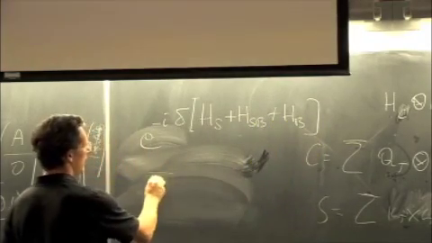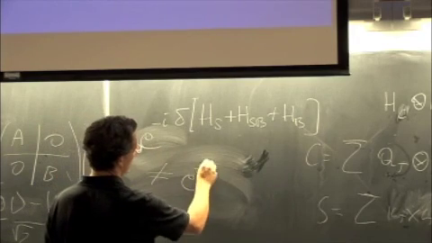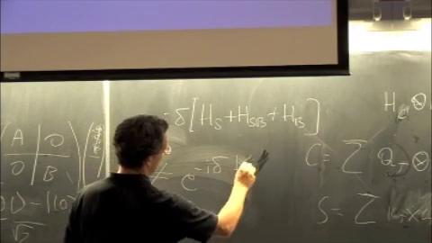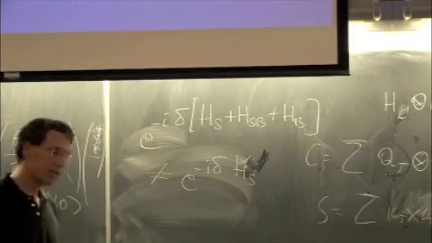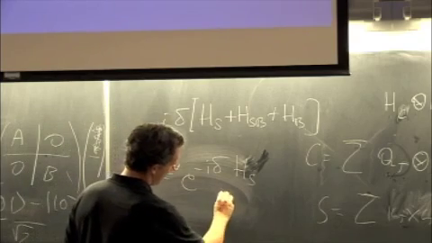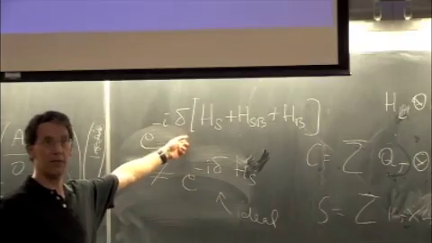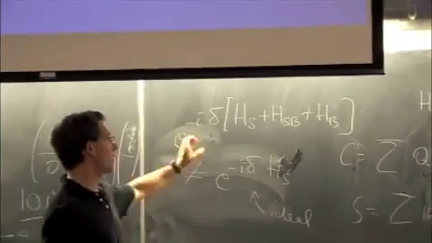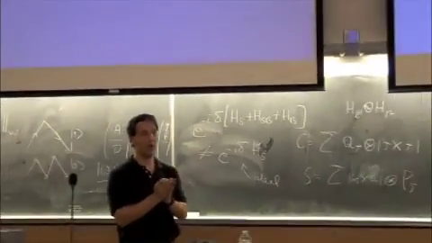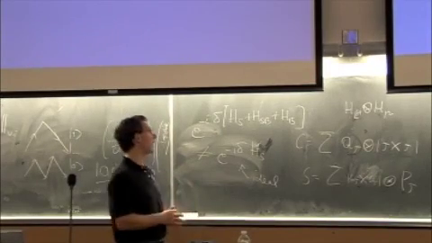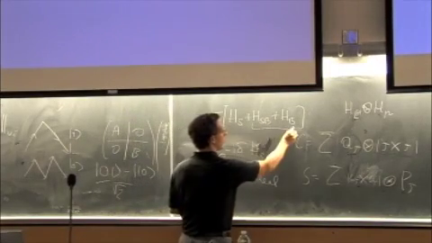And this is not equal to this. This one is the ideal. This is what you get in real life. So that's why you have to make your pulses narrow, or use some tricks to compensate for the errors due to these terms.